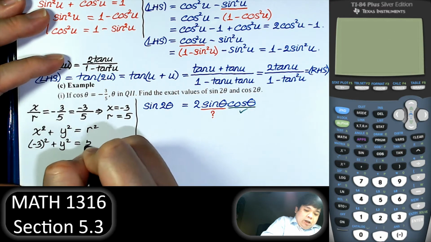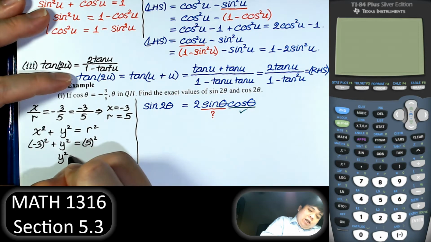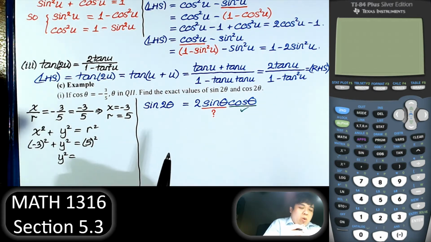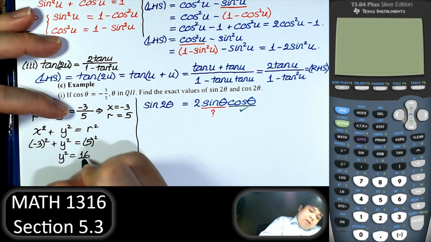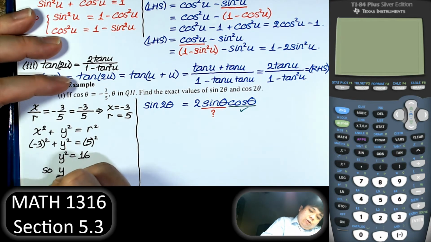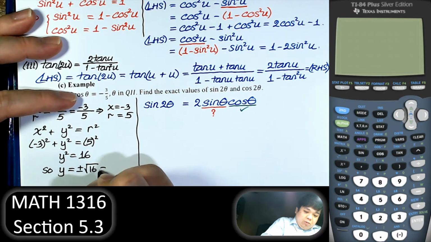Of course we did this many times. y squared equal to 5 squared minus negative 3 squared, or 5 squared minus 3 squared. 25 minus 9 is 16. And take the square root on both sides. So y equal to plus or minus, don't forget the plus or minus, square root of 16, or plus or minus 4.